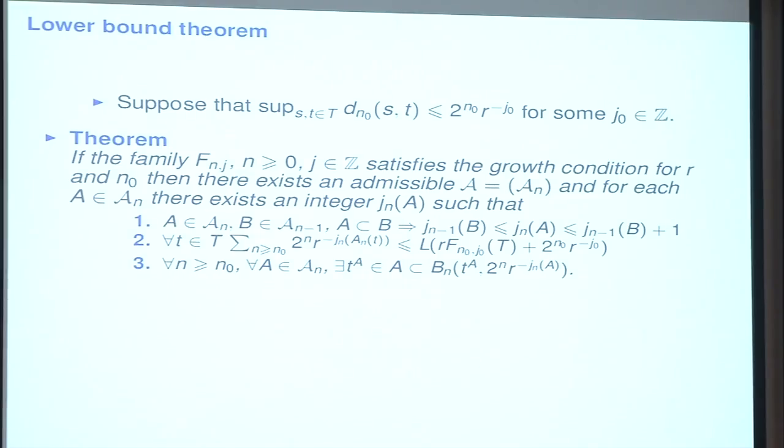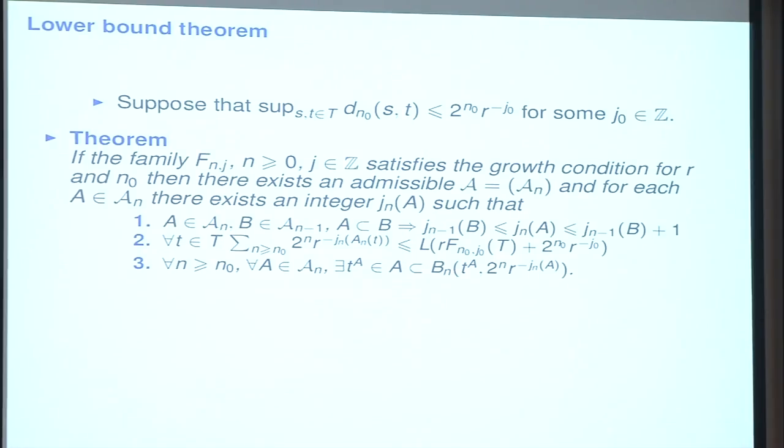With each set in such an admissible partition, we can construct also numbers that are some integers in Z, and we know that they behave in the right way, so they do not increase too fast.